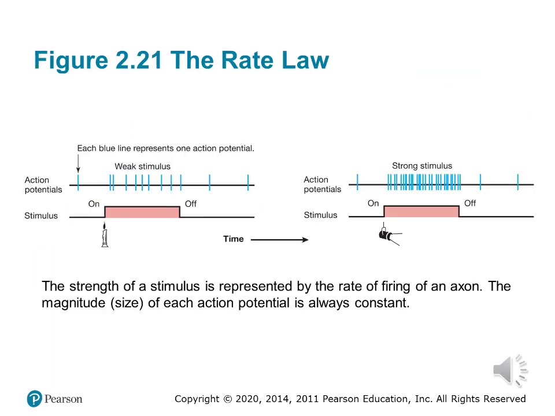So what is the rate law? The rate of axonal firing of the action potential is really what codes information about the source of the depolarization. So in this illustration, you can see how much firing happens in response to a weak stimulus, such as a candle, versus a strong stimulus, such as a flashlight.